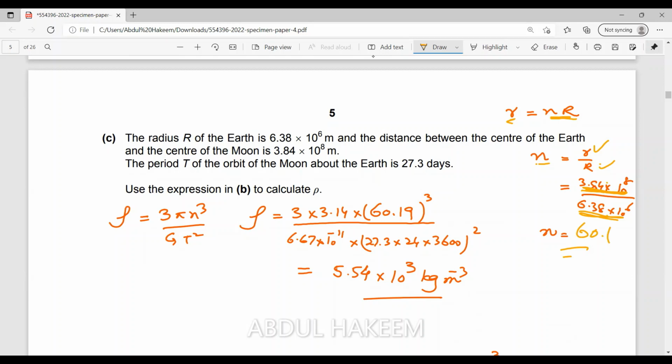So n is 60.1, mean 60.1 times greater than the radius of the Earth. This is the orbit radius. So this is the formula we have proved: 3, pi value, n value, G value, and look, this is 27.3 days multiplied by 24 hours, multiplied by 3600 seconds, and square. You will get this answer after calculation.